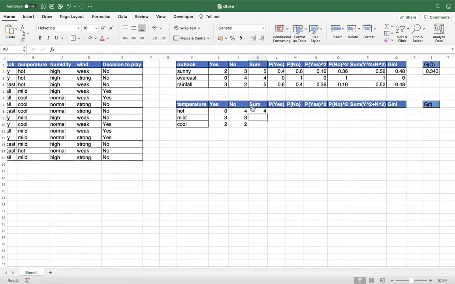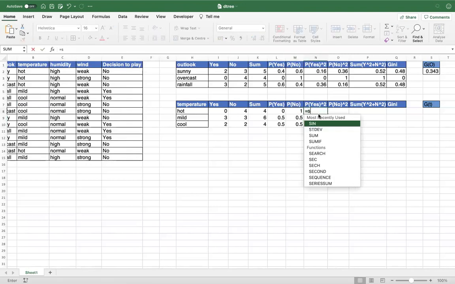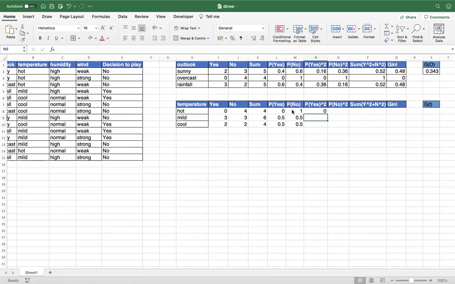So I'm going to add them, and now I'm going to come up to this probability. Here it is this by this. First, we have to calculate the squared probabilities. Then I'm going to calculate the sum of the squared probabilities.